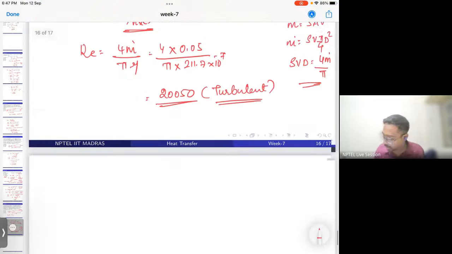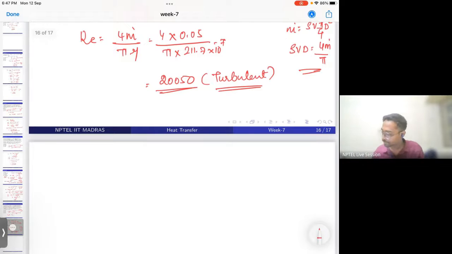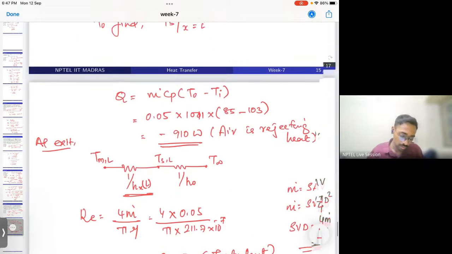So we can use the Dittus-Boelter equation because it is satisfying all the criteria for this.